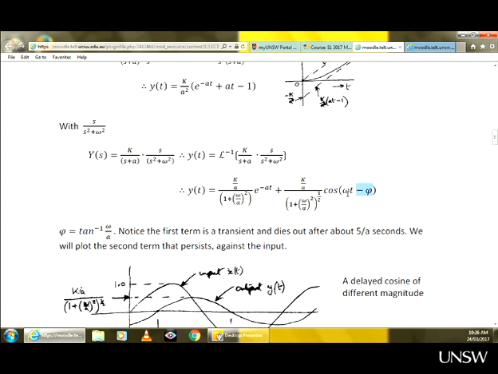What didn't change is frequency. So the frequency of the input and the frequency of the output will be the same. And if you remember our first lecture, that is an important property of a linear system, that the frequency will not change. Amplitude may, phase may change, frequency can't change.